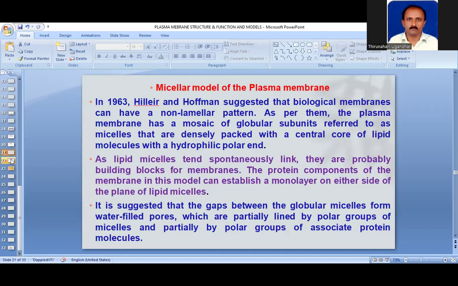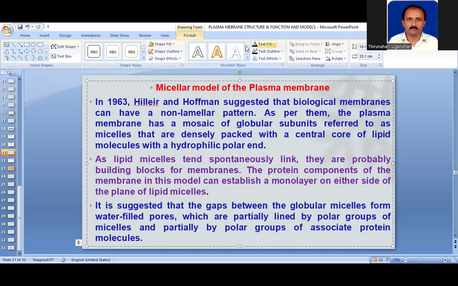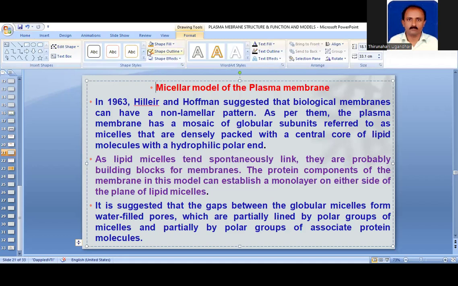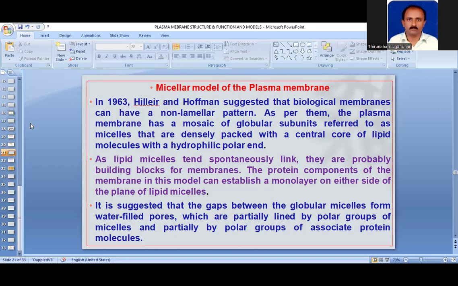The fourth type is the micellar model of the plasma membrane in 1963. Hilleman and Hillier suggested that biological membranes can have a lamellar pattern. As per them, the plasma membrane is a mosaic of globular subunits referred to as micelles that are densely packed with a central core of lipids.